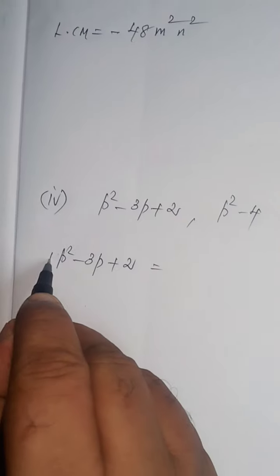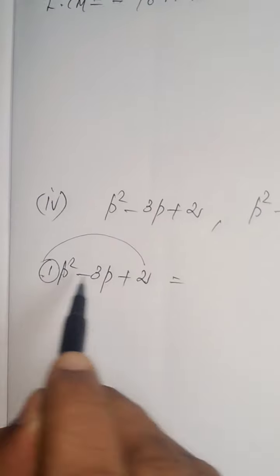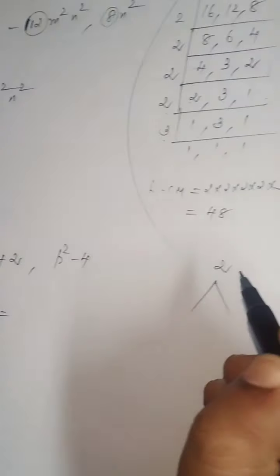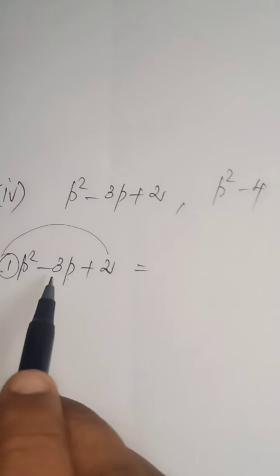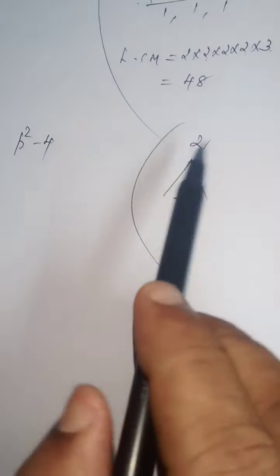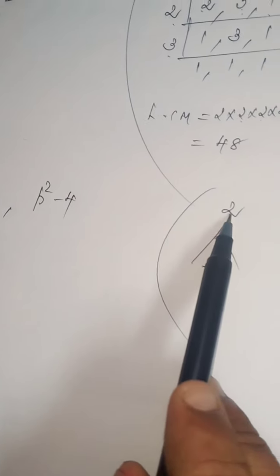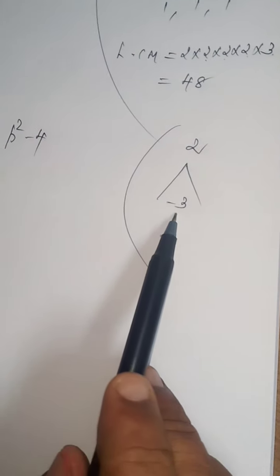What is the coefficient of p square? 1. 1 into the constant 2, that is equal to 2. And the coefficient of p is minus 3. See, you have to find two numbers. The product of the two numbers equals 2, and the sum of the same two numbers equals minus 3.